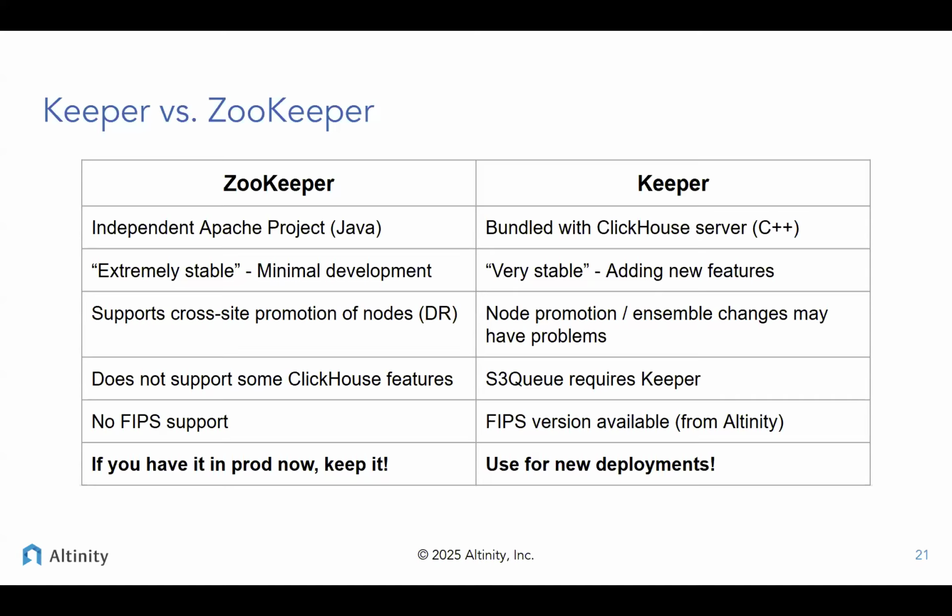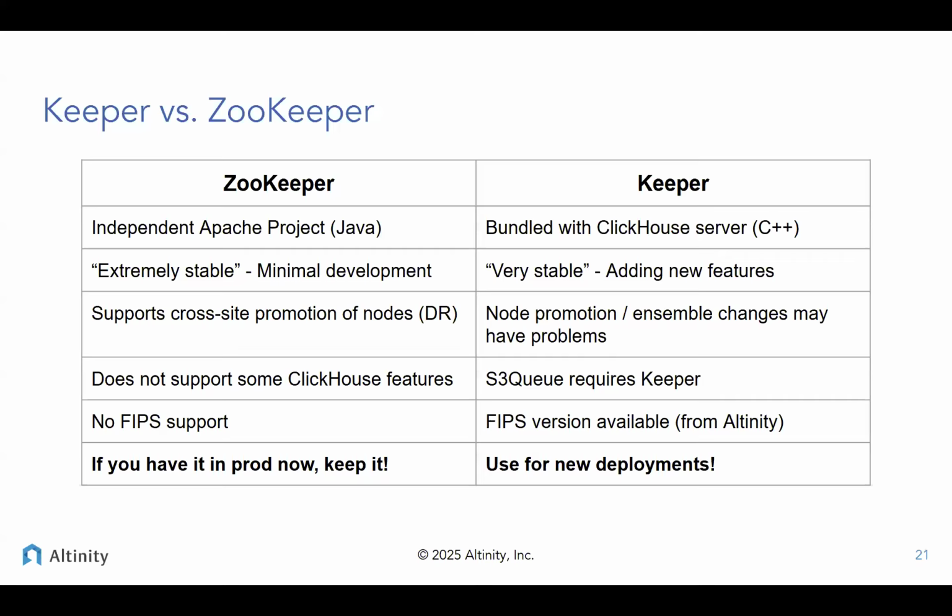Leaving aside issues with bugs, which there really aren't that many of, a key point is that Zookeeper now has very slow development. So if you have a bug, it may or may not be easy to get it fixed.